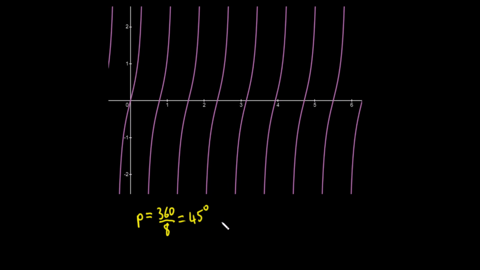Now, alternatively, what we could have done is we could have started off with a function, and we could have said, let's say we have the function tan 4x, and we were asked to find the period of this function. Well, we know the tan function repeats after 180 degrees.